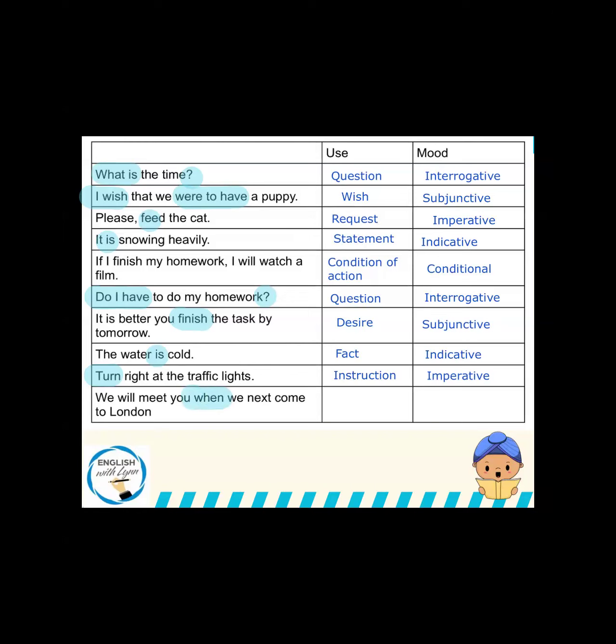So when we next come to London, it's the condition of the action. And like the previous one, the condition of actions, it shows that it is a conditional mood.